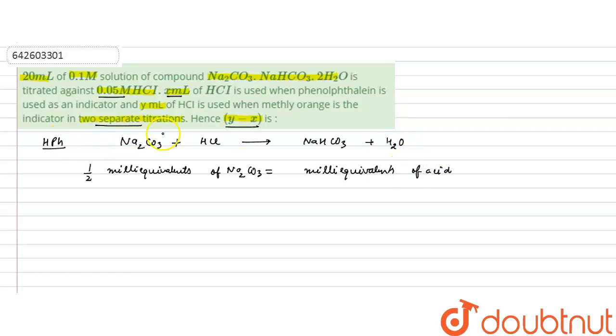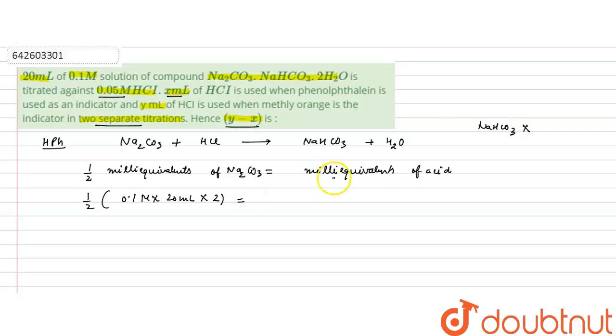As using HPh only Na2CO3 will react, NaHCO3 will not get neutralized. So milli equivalents will be equal to the molar concentration into volume into N factor. So the molar concentration of Na2CO3 is given as 0.1 molar into its volume, that is 20 ml, and its N factor will be 2, as Na2CO3 will give 2 Na positive and CO3 2 negative ions, so the charge on the cation or anion is 2.